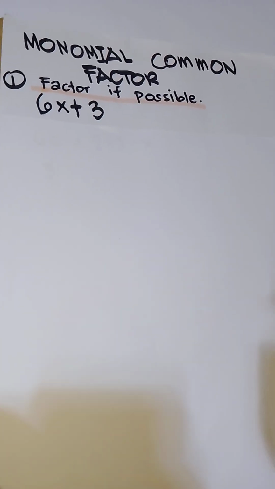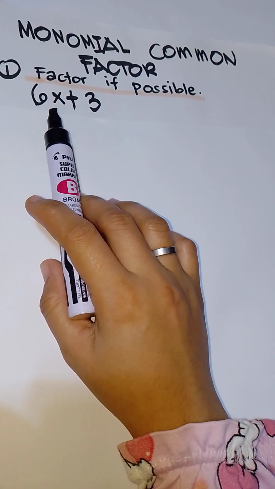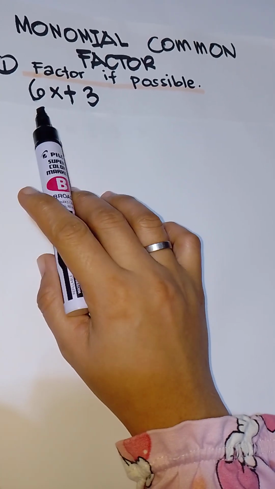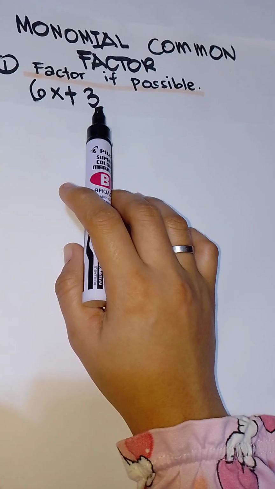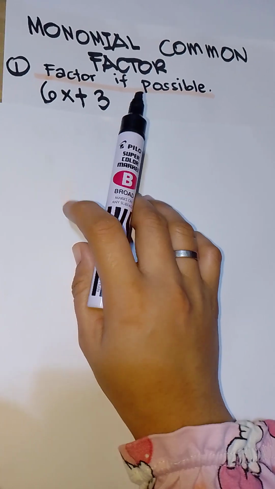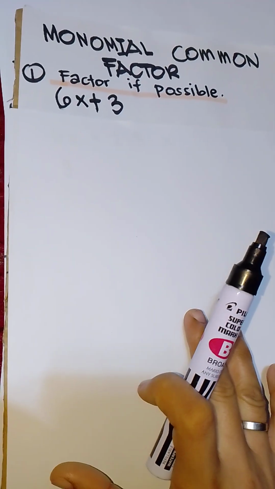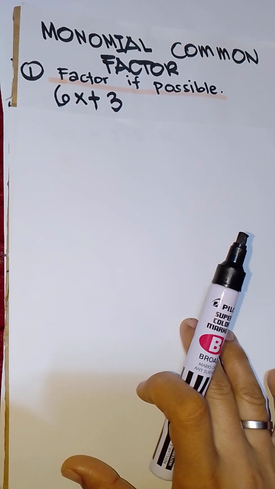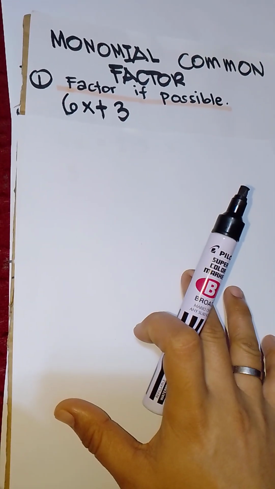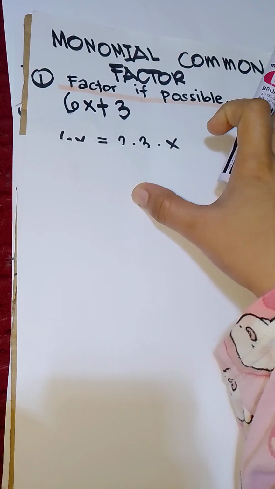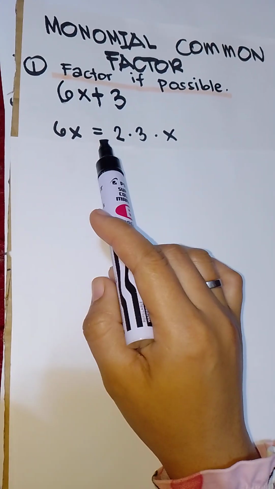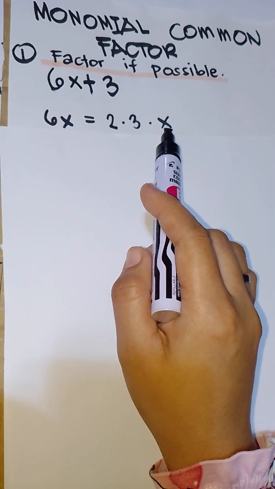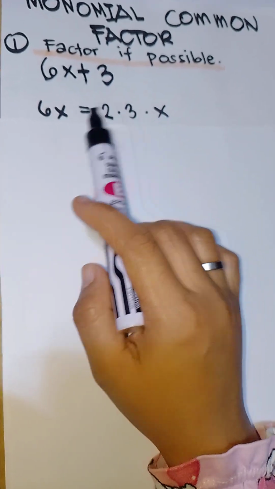To get the factor of this, first we're going to identify the terms. We have 6x and 3 as the terms. Separately, we're going to get their prime factors. For 6x, its prime factor is equal to 2 times 3, and then the variable x.